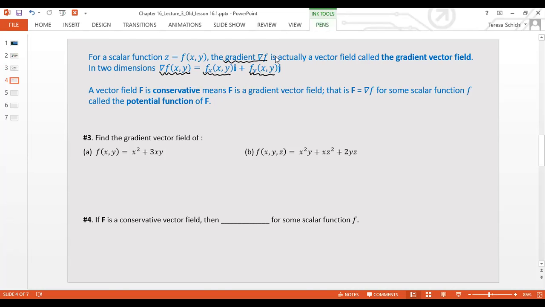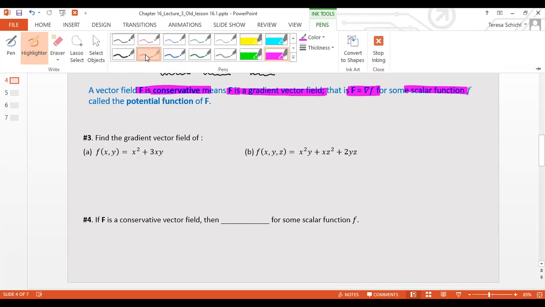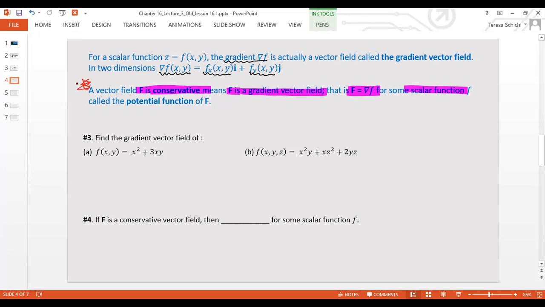Now here we are introducing a very important concept. We say a vector field F is conservative if F is the gradient vector of some scalar function. This is a very, very important definition, right?